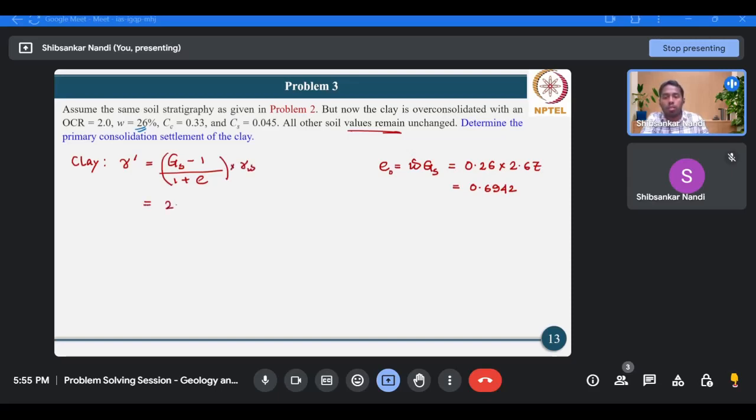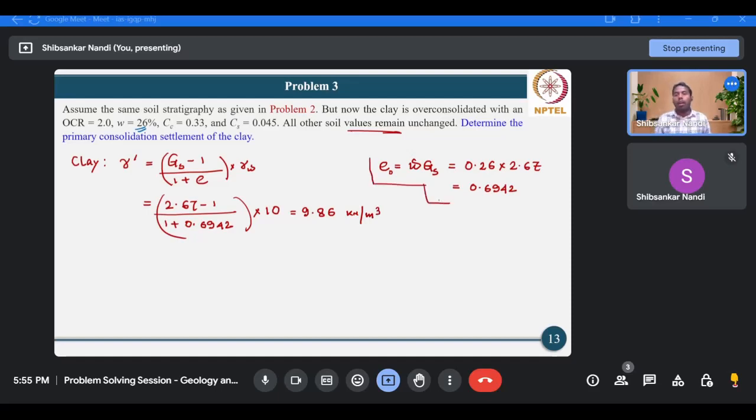So Gs is 2.67 minus 1 divided by 1 plus 0.6942, multiplied by 10. So this would be 9.86 kilonewton per meter cube.